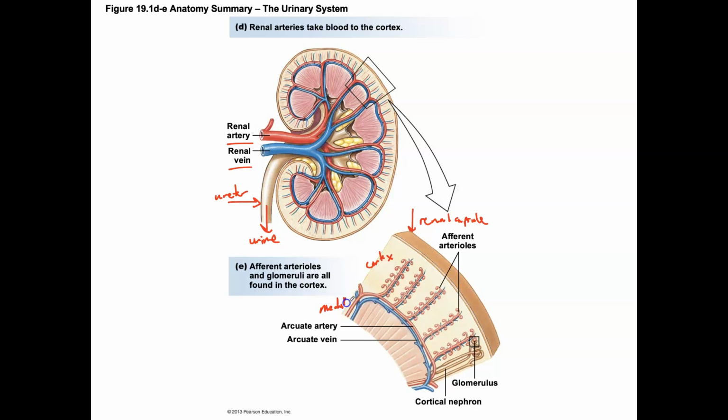In the cortex, you'll notice tiny blood vessels, and the vessels branching off are called the afferent arterioles, and those afferent arterioles are feeding into a structure called the nephron. There are millions of nephrons inside of the kidney performing the functions for the kidney.